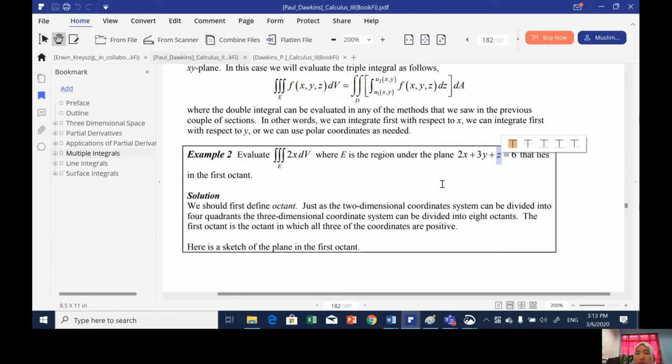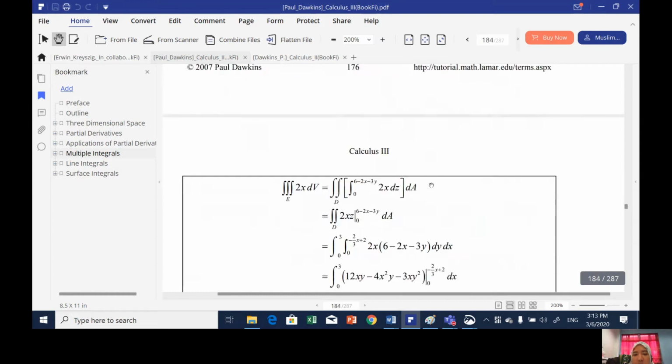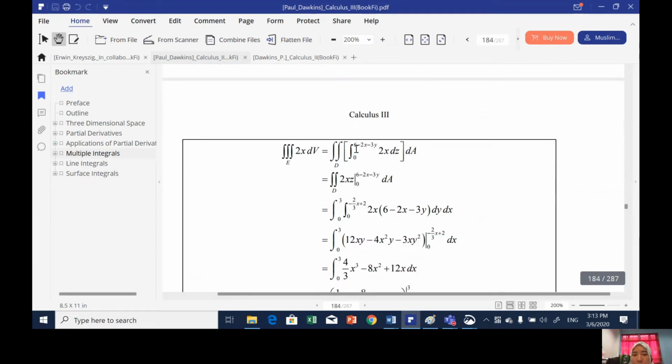So that is the upper limit. We don't actually have a fixed limit; we have it in terms of a function. So 0 is a fixed value, but 6 minus 2x minus 3y is a function limit. So z should be the inner one.